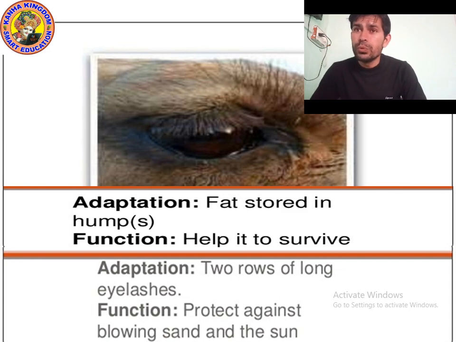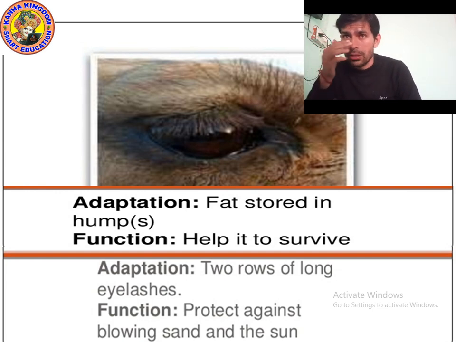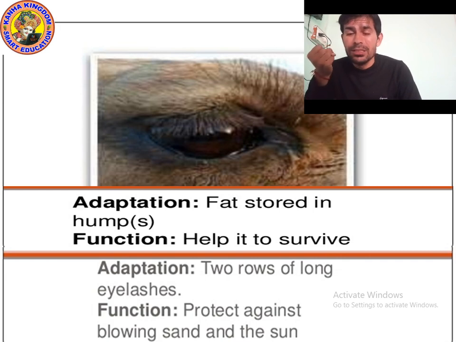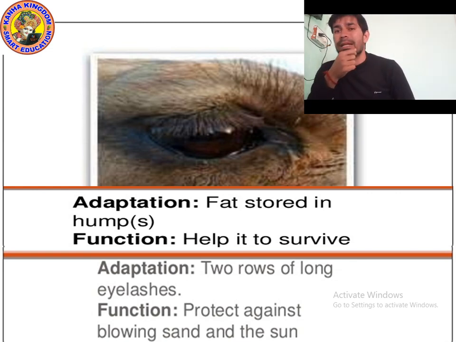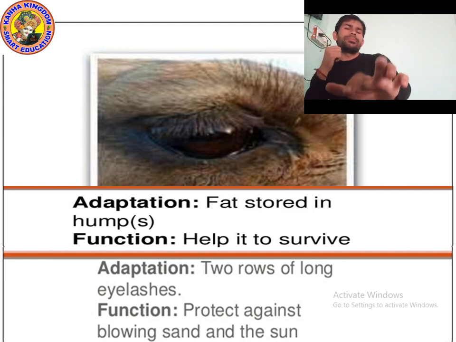They have two rows of long eyelashes, which protect them from the sand, the soil particles, because you know that in Rajasthan the wind blows very fast. So it protects against blowing sand and also from the sunlight. So these are the two adaptations.